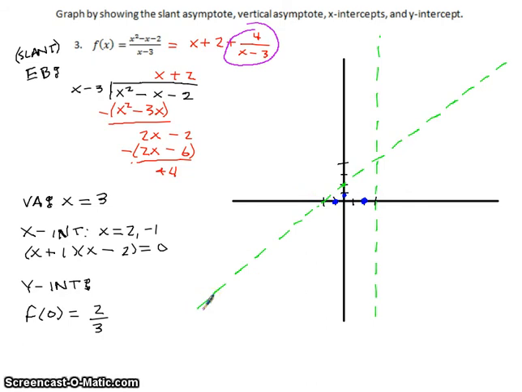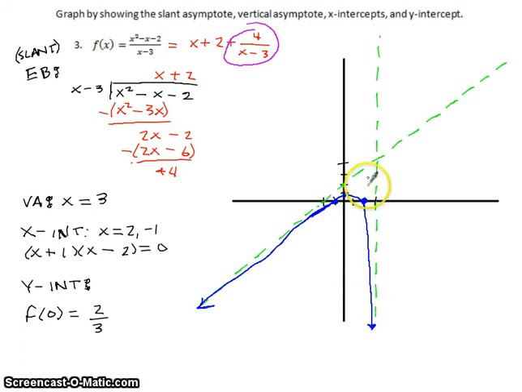So let's see here. We have a vertical asymptote at 3. We have x-intercepts and a y-intercept. Let's first start off by going through our intercepts. We're going to approach our asymptote, get closer and closer, and go down to negative infinity there. As x goes to negative infinity, we're going to approach the quotient y equals x plus 2.